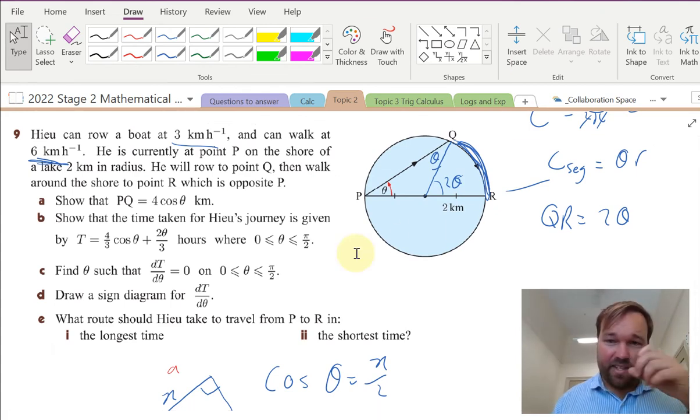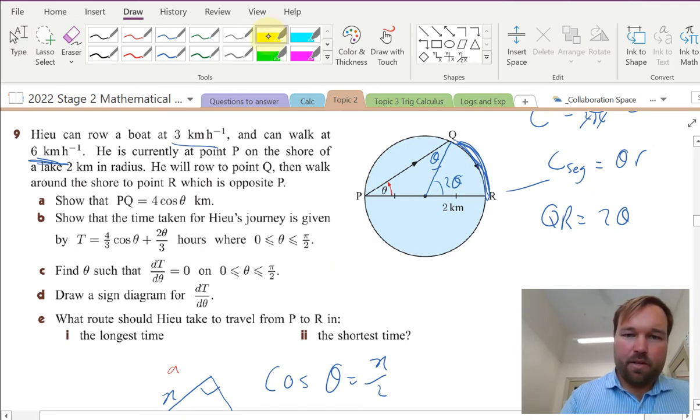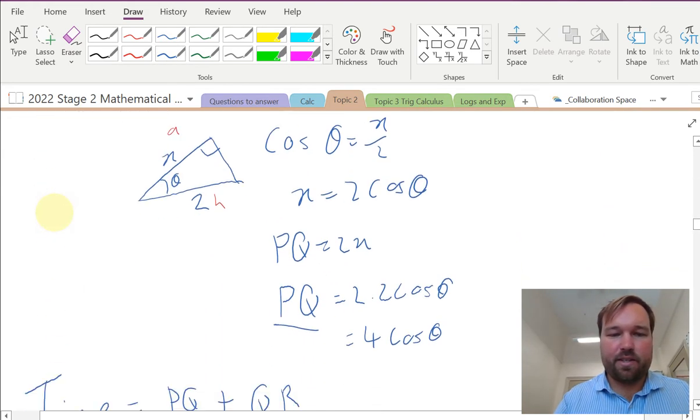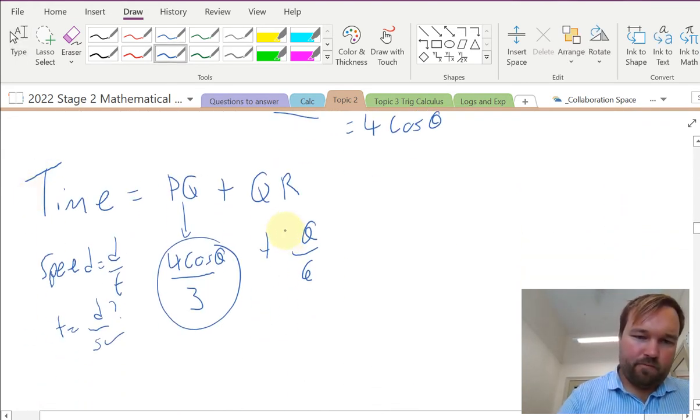Which perhaps frustratingly isn't the right answer, because this in here is not a single theta. So it's not a single theta, it's 2 times 2 theta. In fact, it's 4 theta on 6, which is the same as 2 theta on 3.